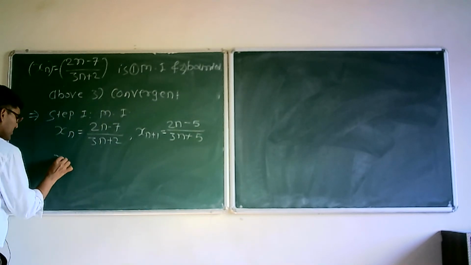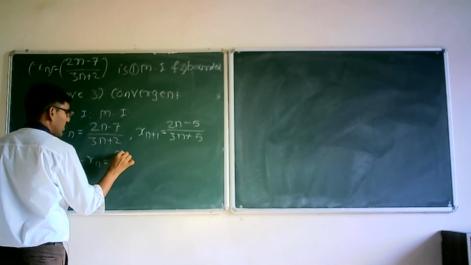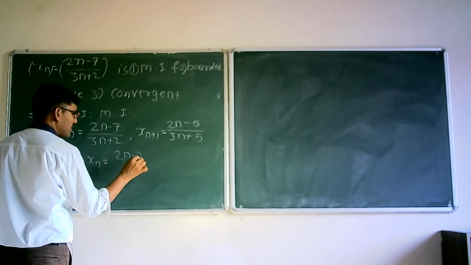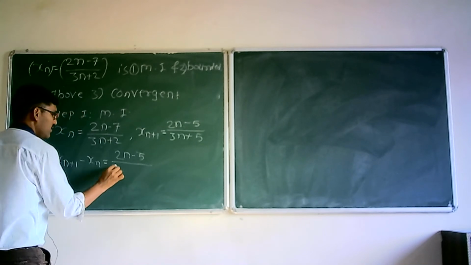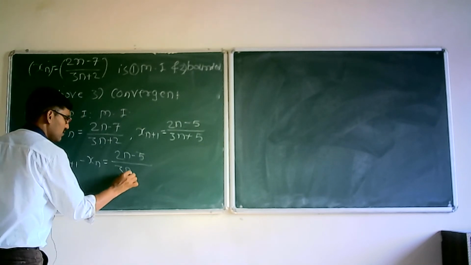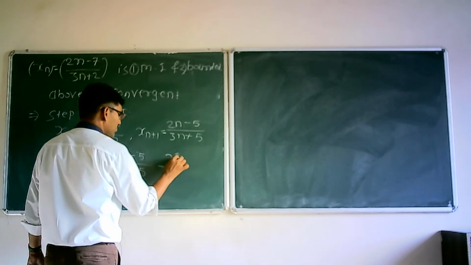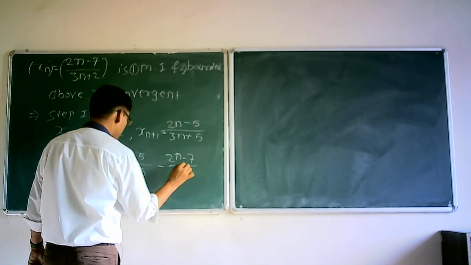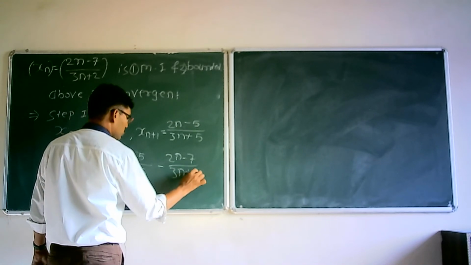So if you take xn plus 1 minus xn, then twice n minus 5 divided by thrice n plus 5 minus twice n minus 7 divided by thrice n plus 2.